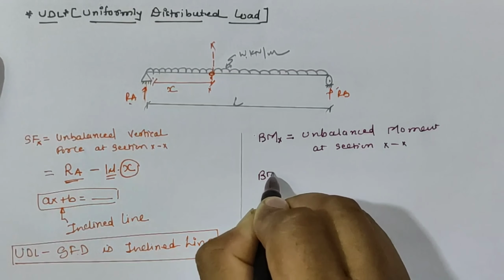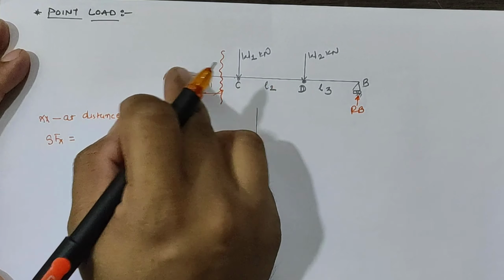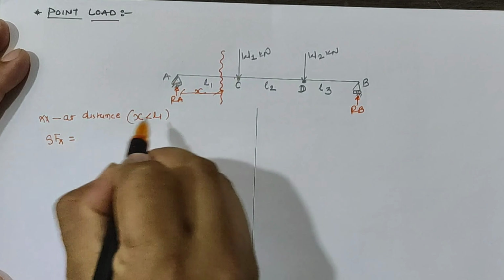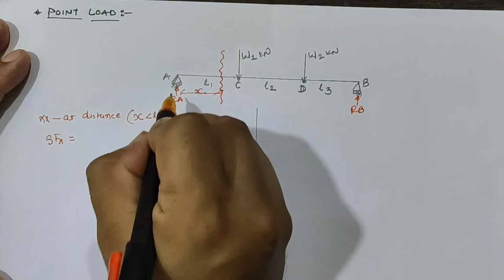Now shear force value at x is equal to total vertical unbalanced force on A to XX. So total unbalanced force is capital RA. So the value of shear force is RA. It means that the value of RA is constant, hence our shear force is constant, and for constant value the diagram is horizontal straight line.